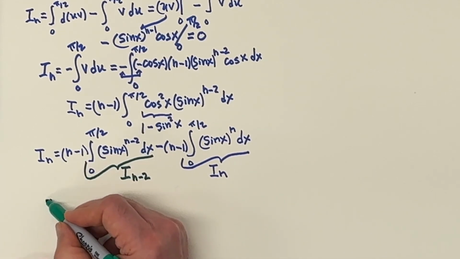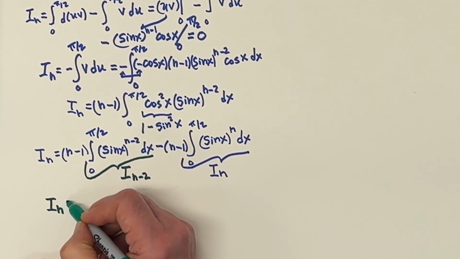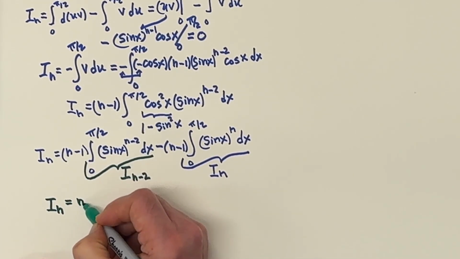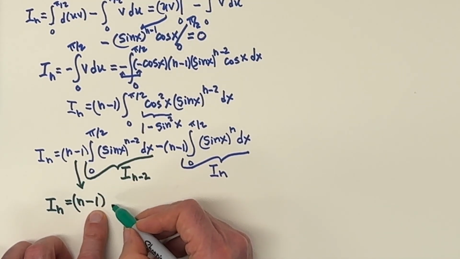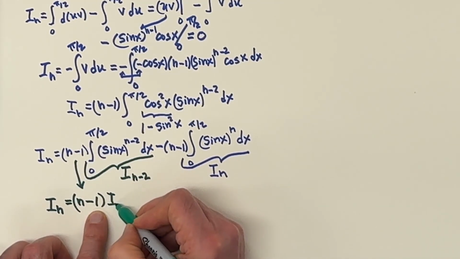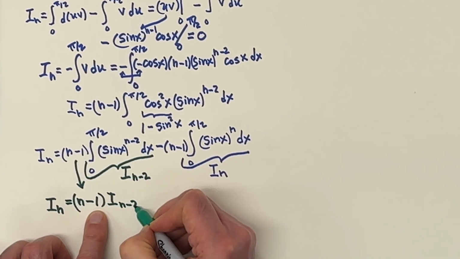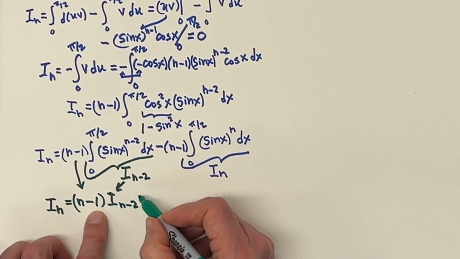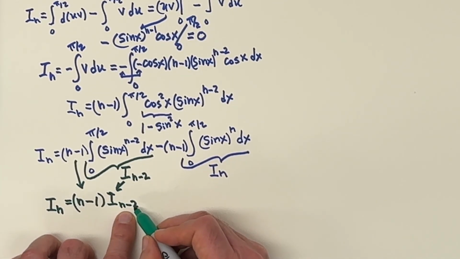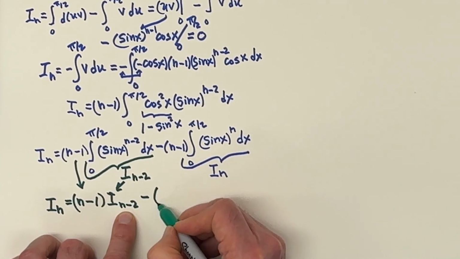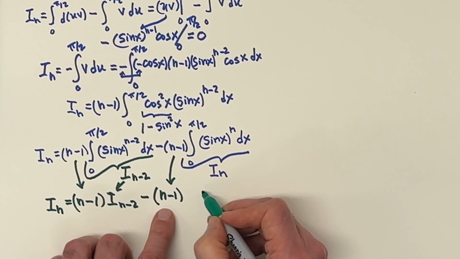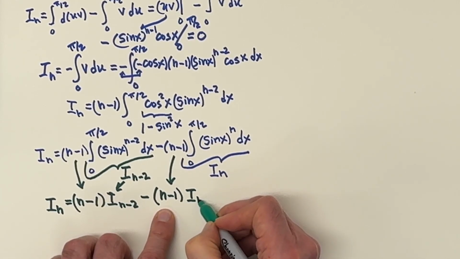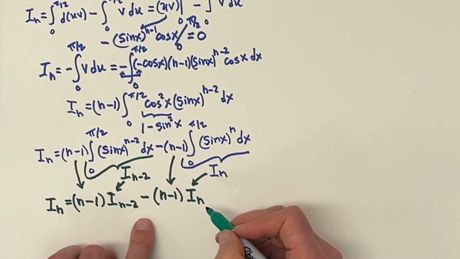So we have the integral I sub n is equal to n minus 1. That's this part we're bringing down, and that's going to be multiplying I sub n minus 2. Then we're going to have a minus sign. Then we're going to have n minus 1. That's this one. And then we're going to have I sub n. That's this one.